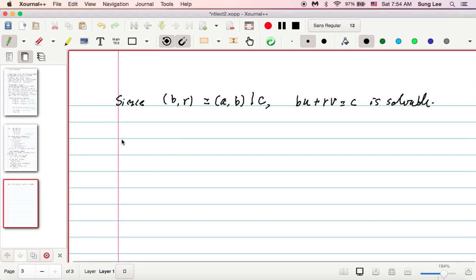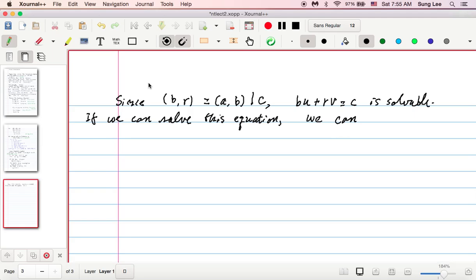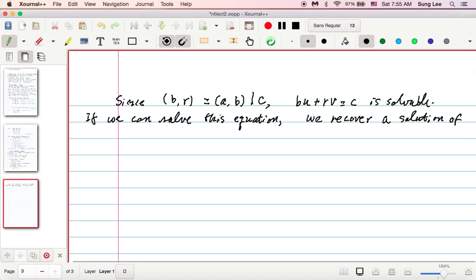And if we can solve this equation, we can recover a solution of the original equation.